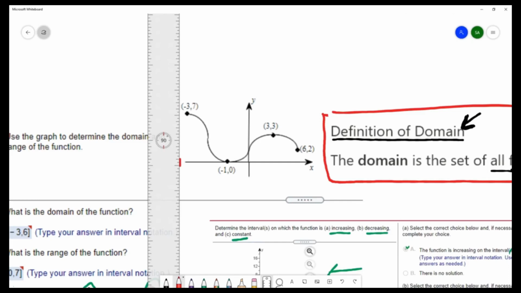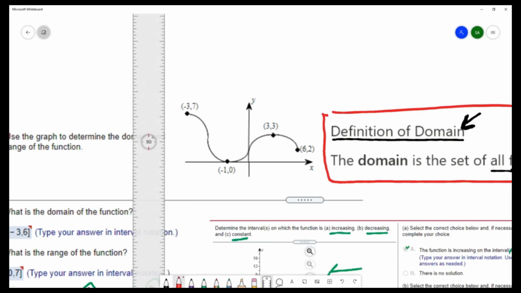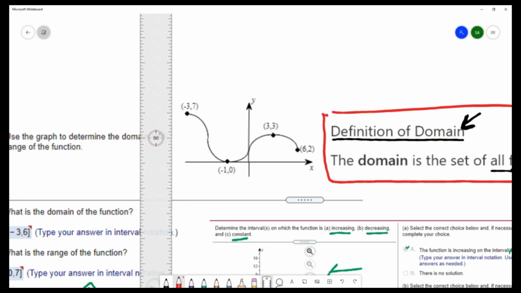So I'm thinking of this as a line, and this line points to somewhere on the x scale. So it's going to help me identify where the x's start and the x's stop. Remember that domain is the set of all x's.